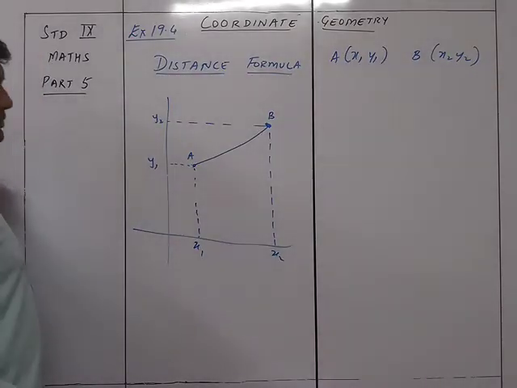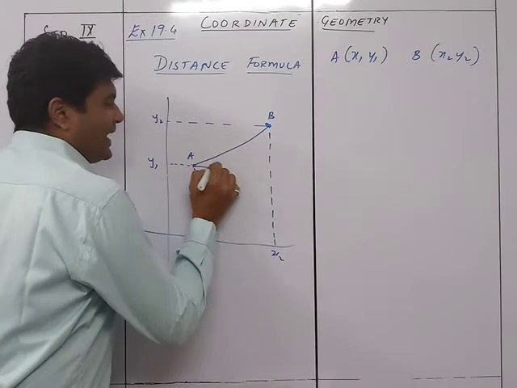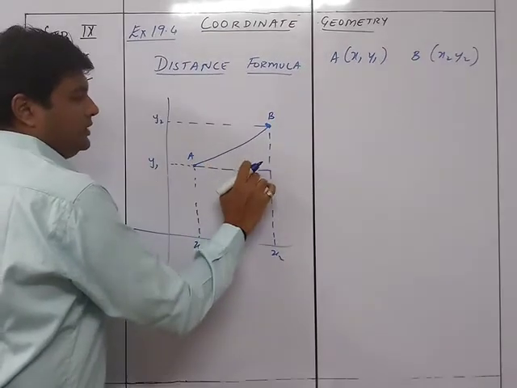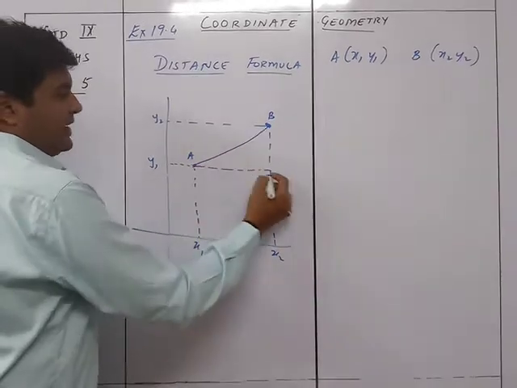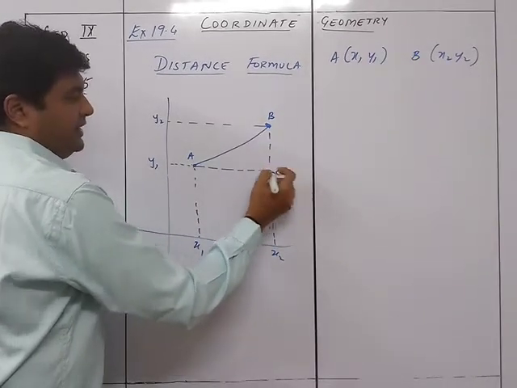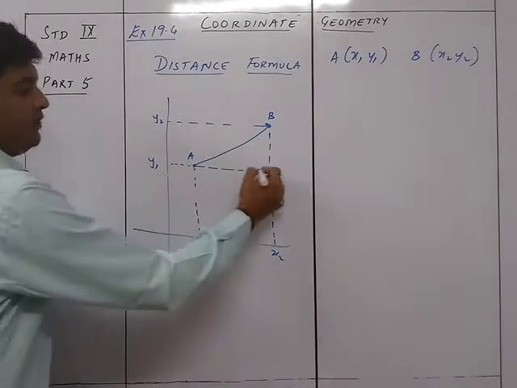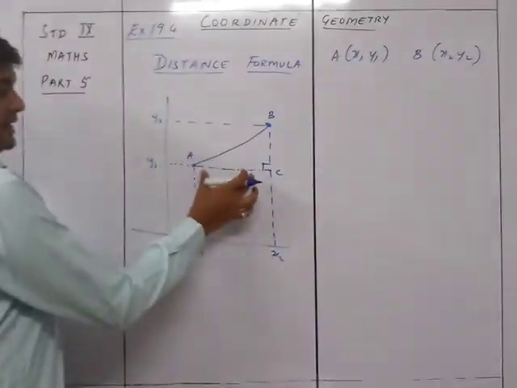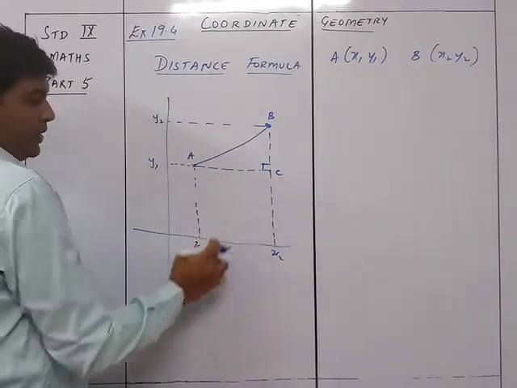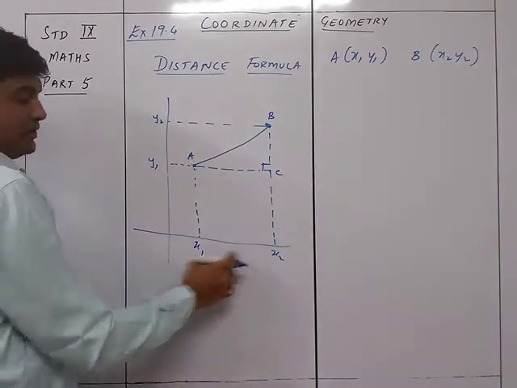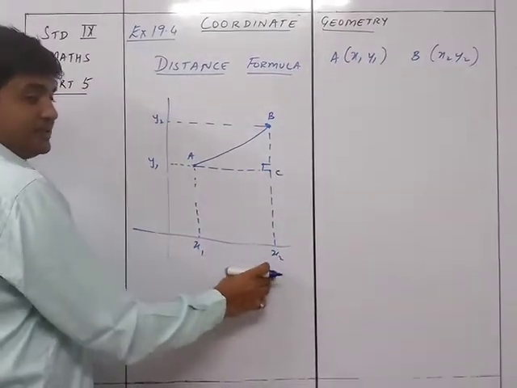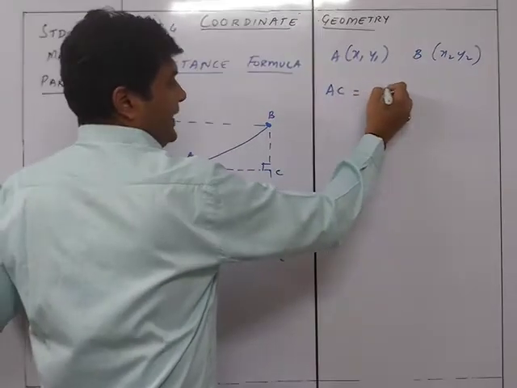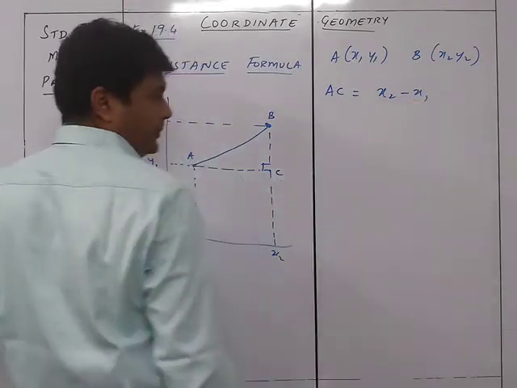If I draw a line like this, and I name this point C, then this triangle ABC will be a right angle triangle, wherein the distance AC will be equal to x2 minus x1. Suppose this is 6 and this is 2, then automatically this distance is 4. So AC is x2 minus x1.